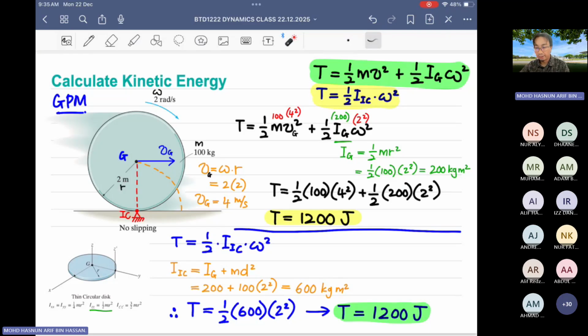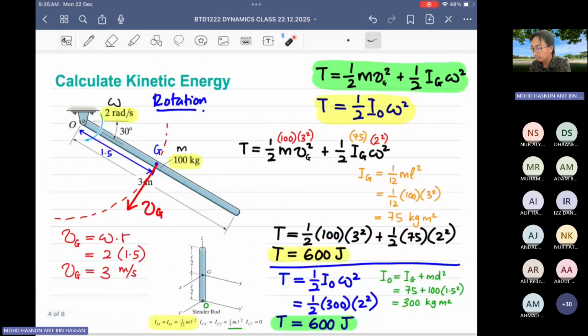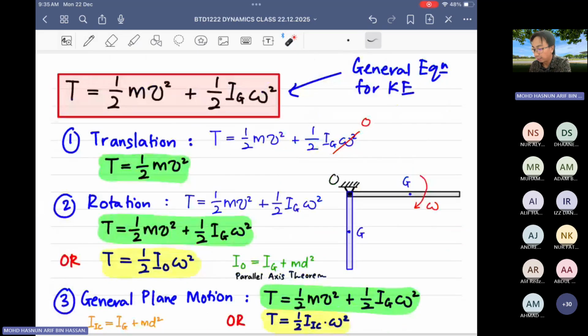Okay, so any question so far? No question? All right, so if there's no question, I think that will be all for today. So we have covered the kinetic energy. I have shown that we have 3 types of motion like what we discussed since the beginning of the class. Translation is the easiest one.